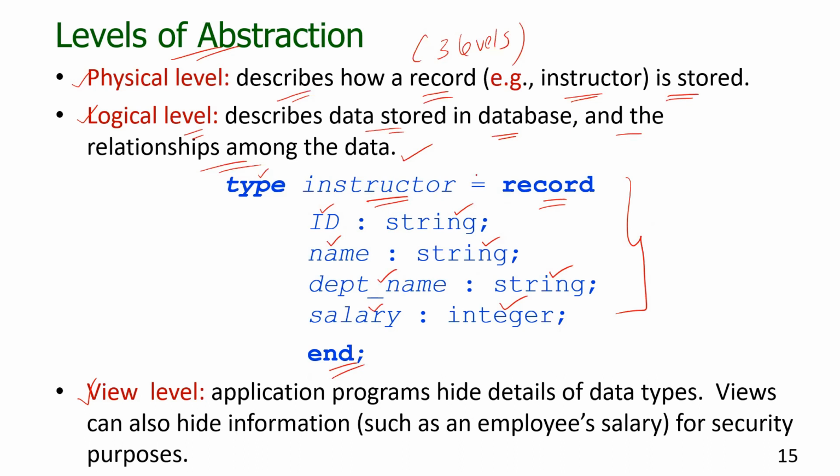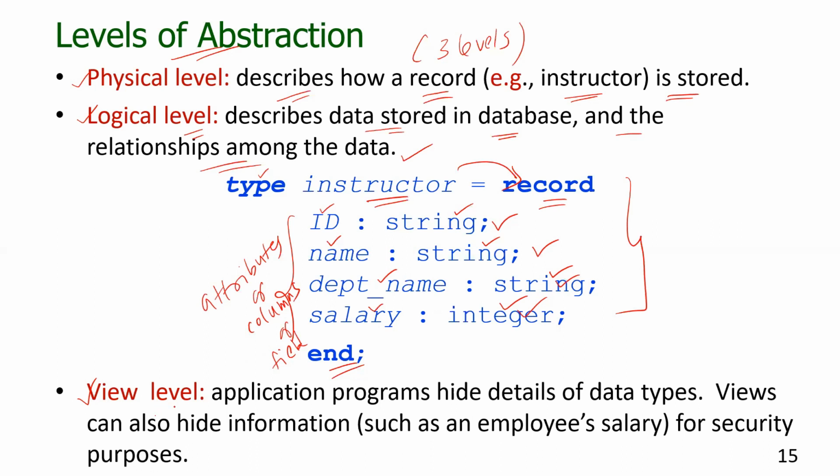The relation instructor type is record. What are the attributes? Attributes are columns or fields in a relation, as we already saw. ID is one attribute, name is another attribute, department name is another attribute, and salary is another attribute. So the relationship among data is defined at the logical level.